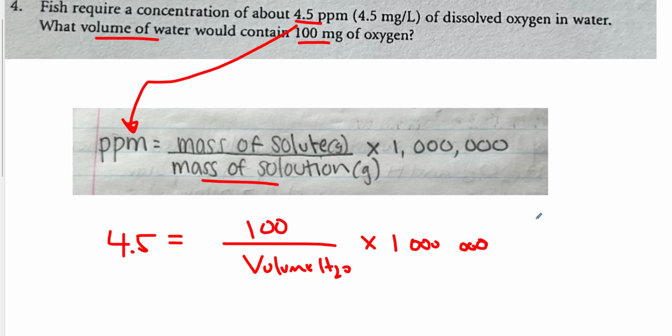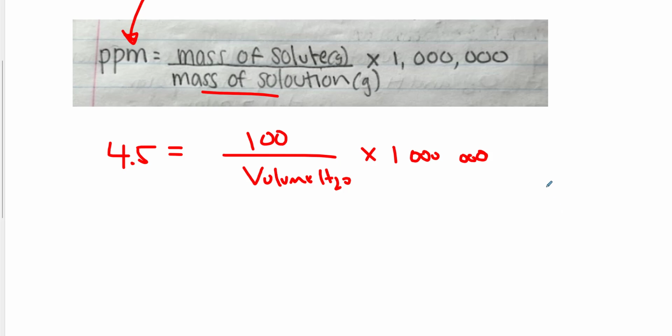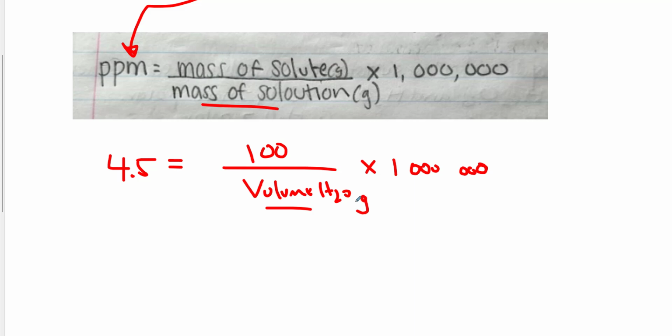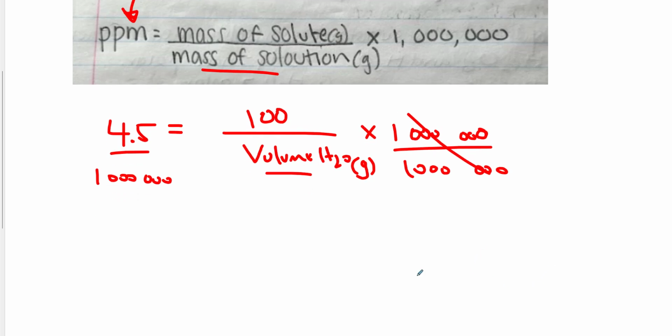All right, I would like you to do some math for me. So go ahead and solve for volume of H2O. You do divide everything by a million, because the way to solve this is to cancel that out and do this. So you should get, I don't know, what do you get?